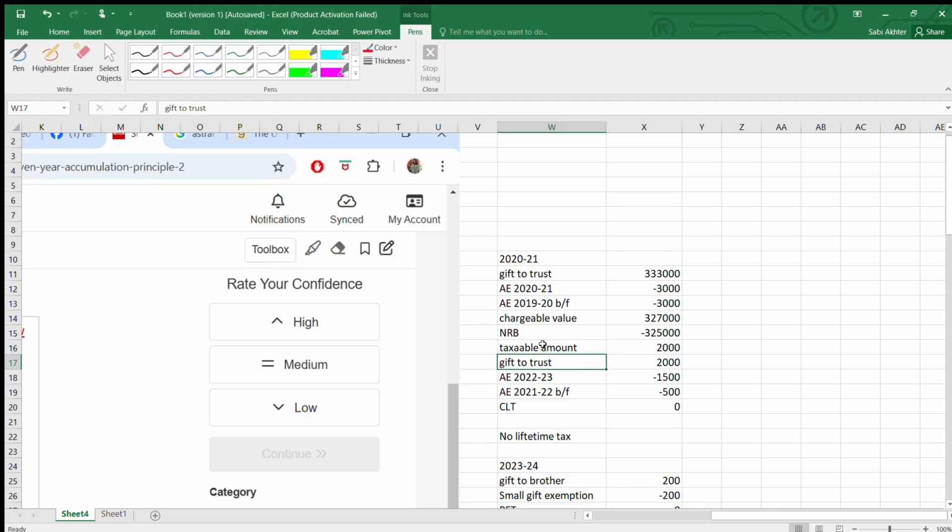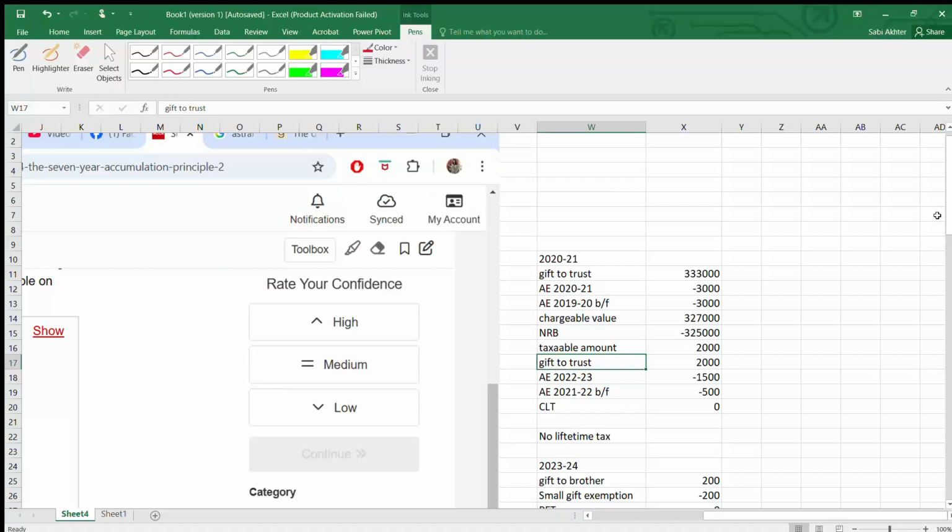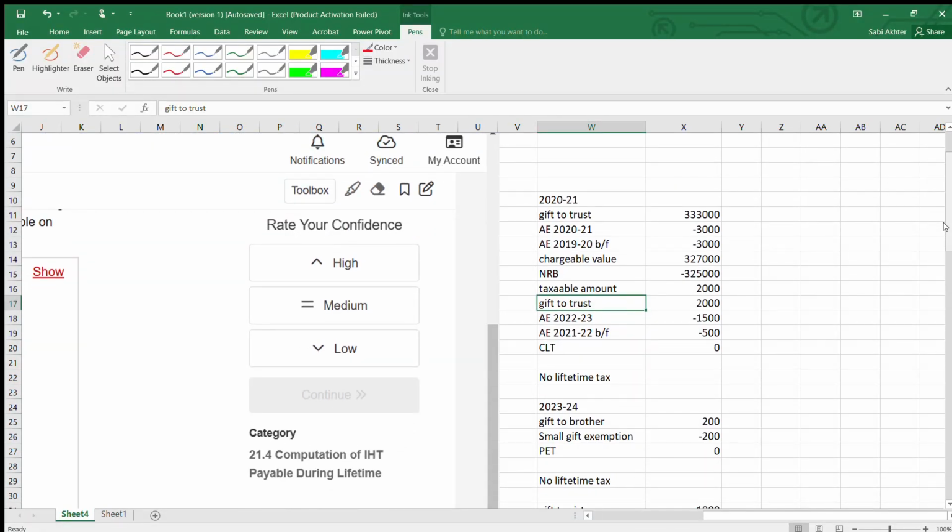Now who is paying it? Trustees. So trustees, the donee, will pay at 20%. So the IHT would be at 20%.